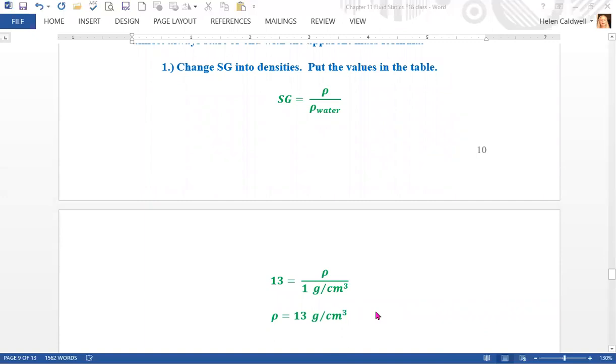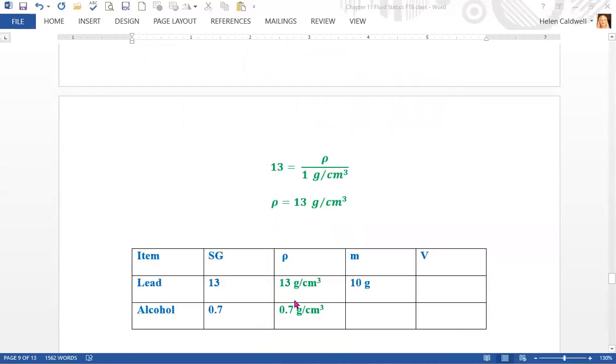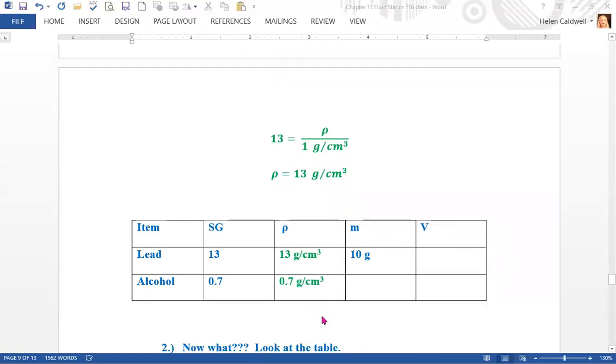And when we cross multiply, we find that the density of lead is 13 grams per cubic centimeter, and we will put that in the table. You'll notice I didn't even bother to write down the calculation for alcohol, because one of the beauties of using CGS units is that if you know the specific gravity, that's the same value as the density in grams per cubic centimeter.